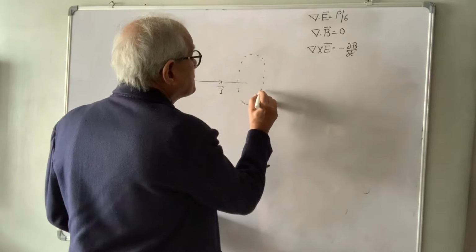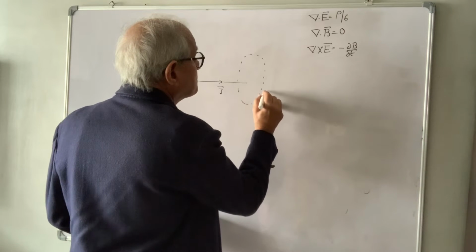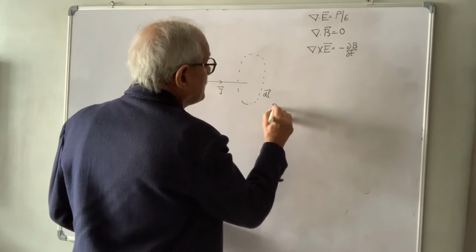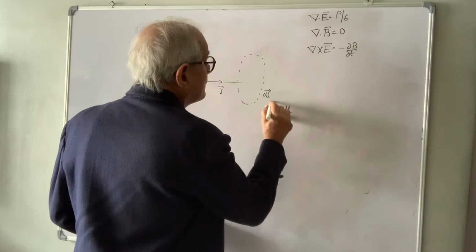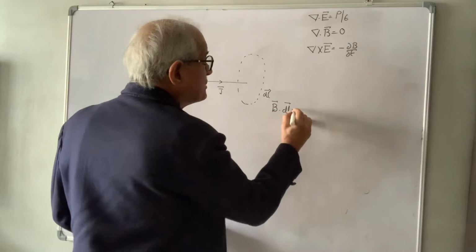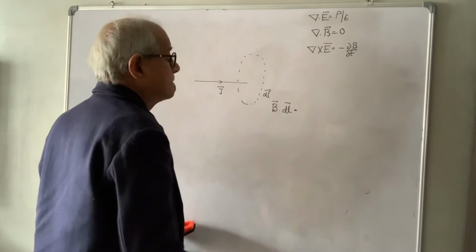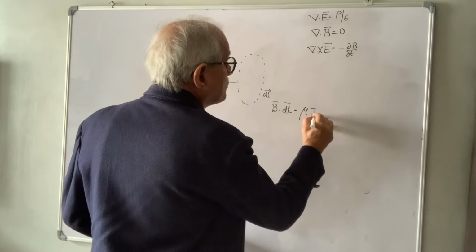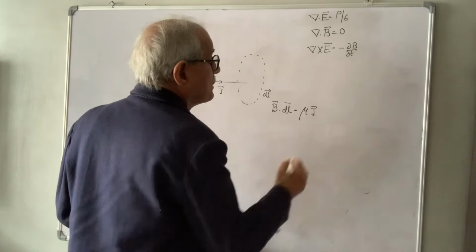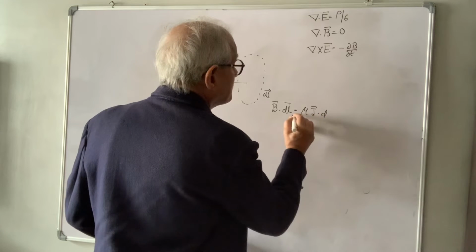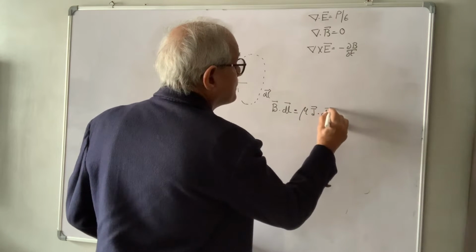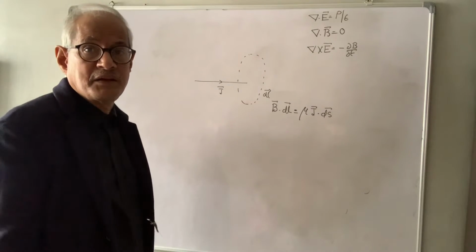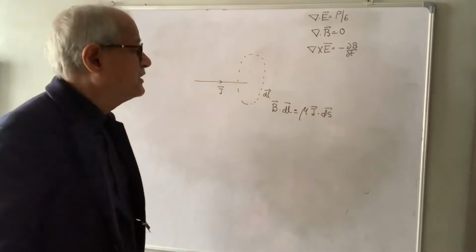As before, let us consider a small elementary length dl on this virtual ring, and for that we get B dot dl is equal to mu into J dot ds, where ds is an elementary area enclosed by this virtual ring.